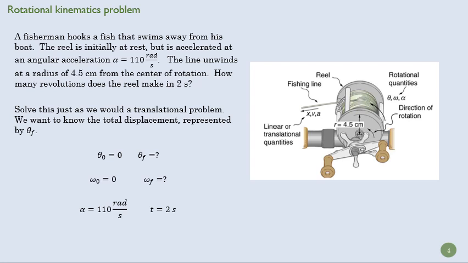is 2 seconds. So real quick, we could say, I'm accelerating at 110 radians per second squared for 2 seconds. What does that mean my final velocity is going to be? Well, after 1 second, it's going to be 110 radians per second. After 2 seconds, it's going to be 220 radians per second.